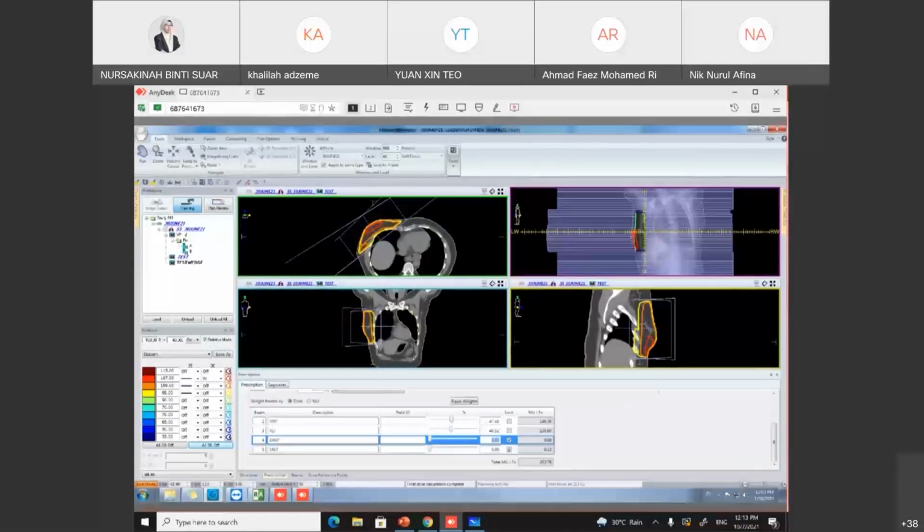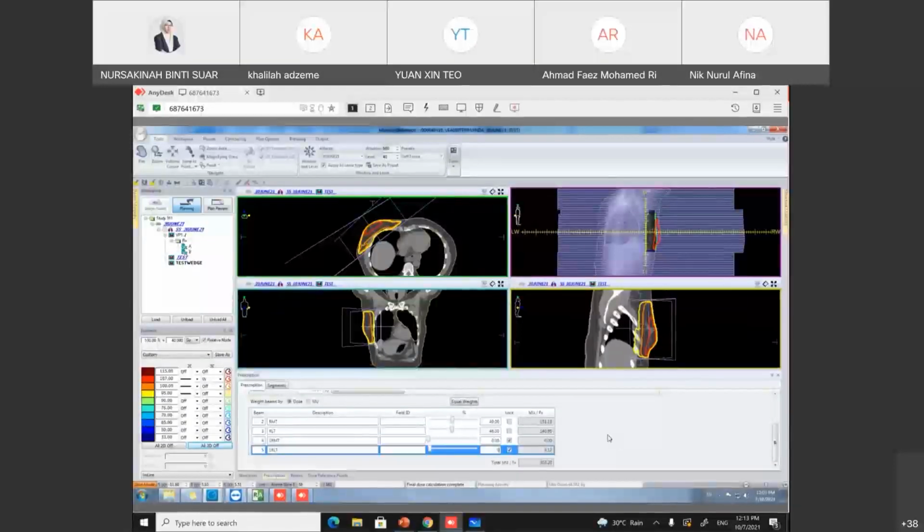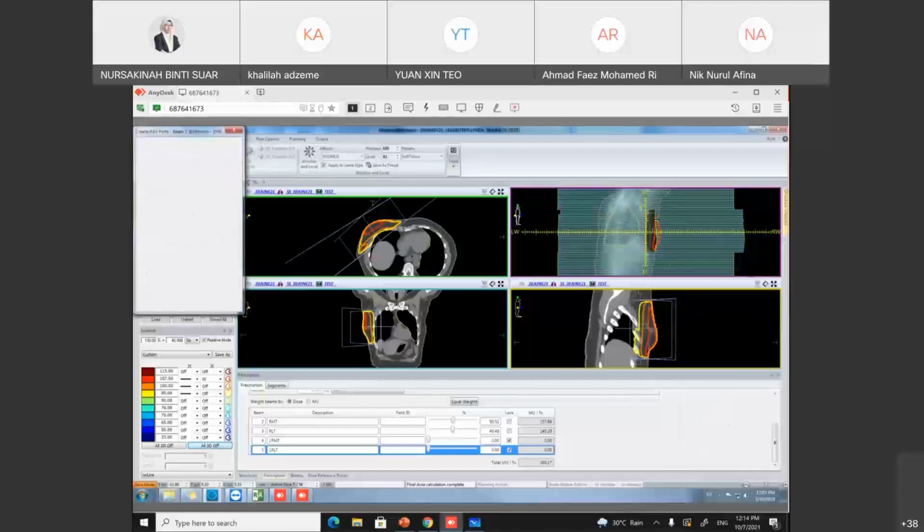Okay, let me go back to 0% first. So you can assume we start from the beginning. We want to shield back the hotspot.